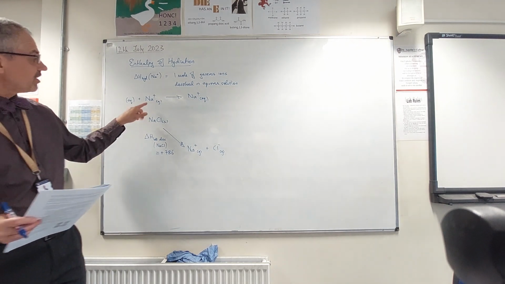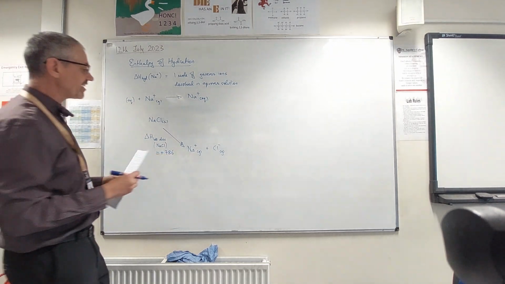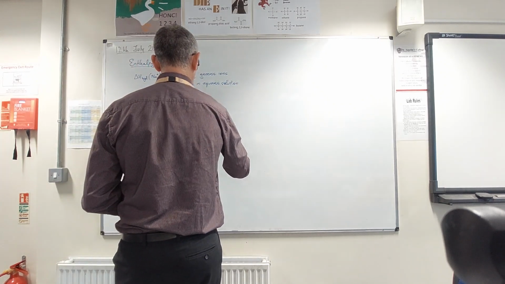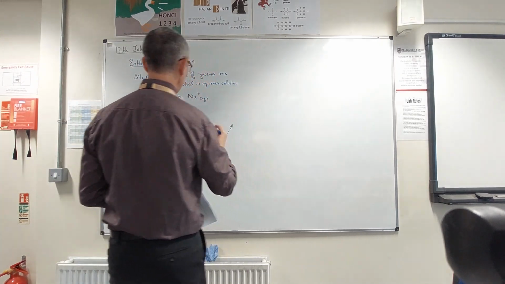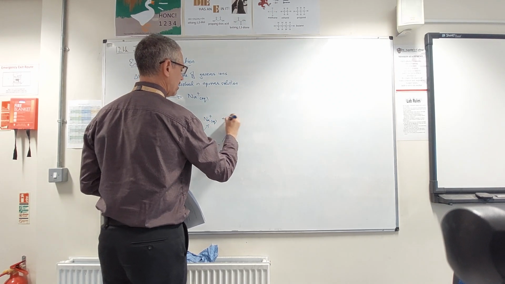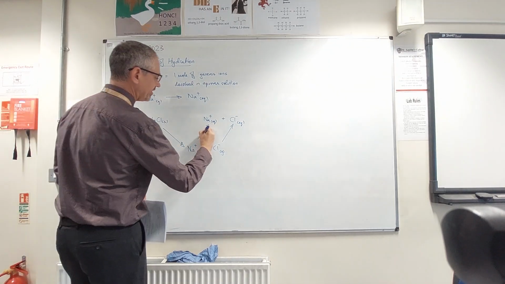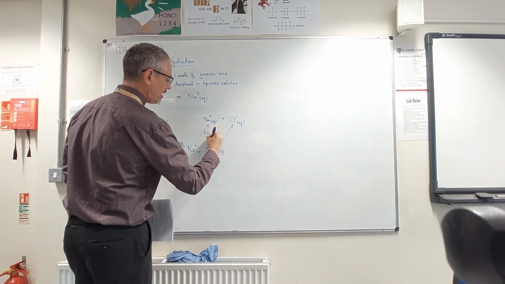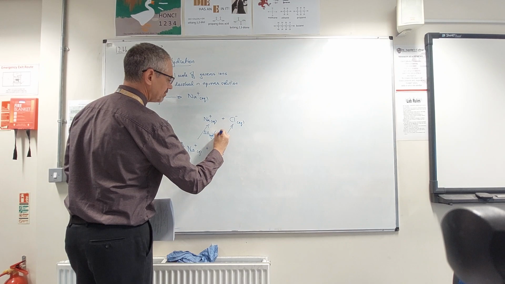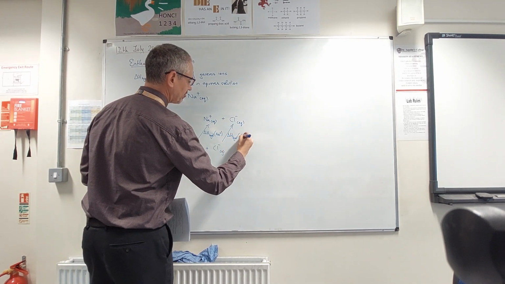And now we can use our new exciting enthalpy of hydration to turn our gaseous ions into aqueous ions. So that will be the hydration enthalpy of sodium, and that will be the hydration enthalpy of chloride.